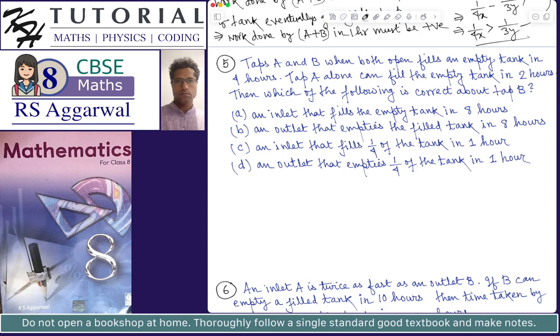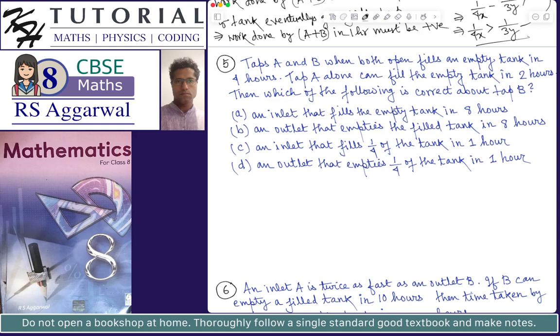Now, tap B can be an inlet and it can also be an outlet. So both are possibilities for tap B. But the actual type of tap B we have to find from the given facts.